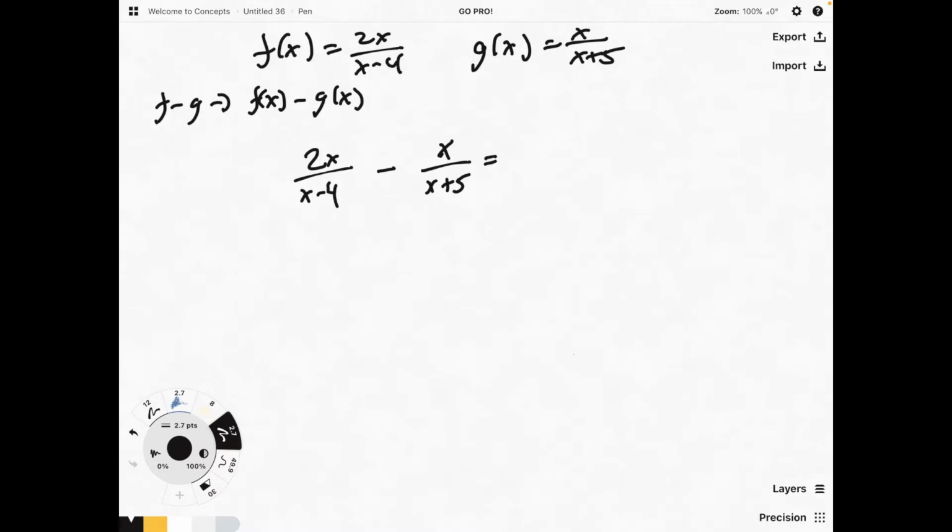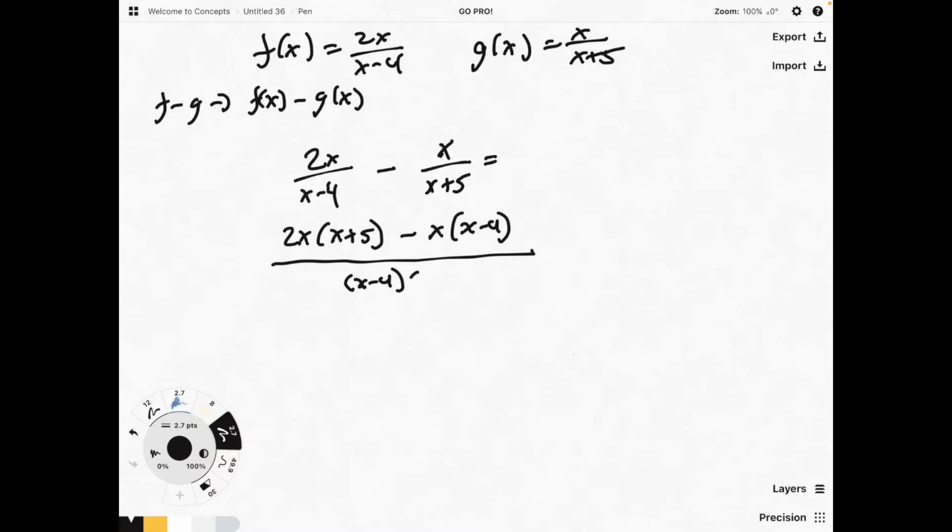What we want to do here is simplify. Similar to what we did in the last example, we want to get a common denominator. Again, we are going to multiply the left side by the x plus 5, and we're going to multiply the right side by the x minus 4. When we do that, we're going to get 2x times x plus 5, minus x times x minus 4, and then on our denominator, we're going to have x minus 4 and x plus 5.